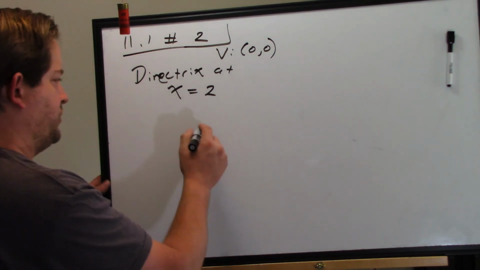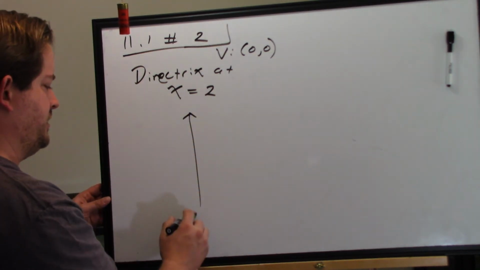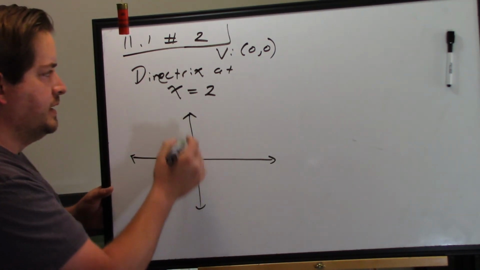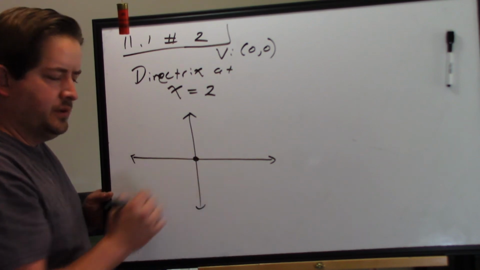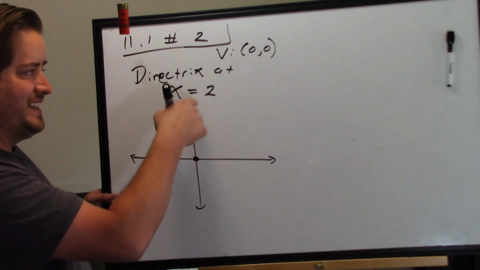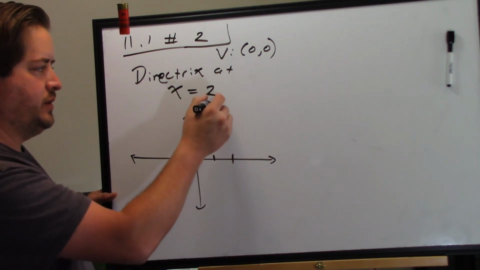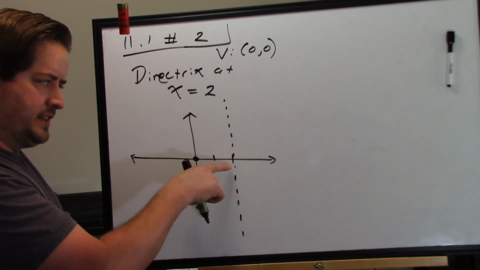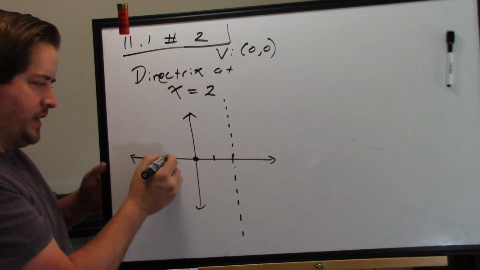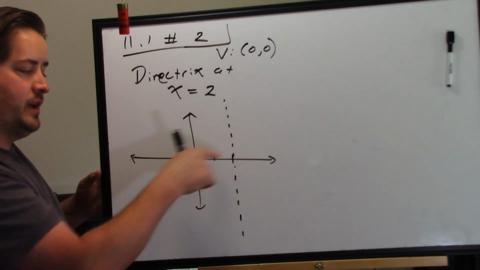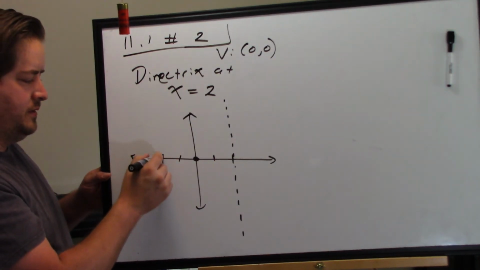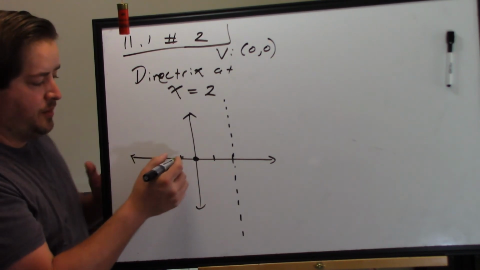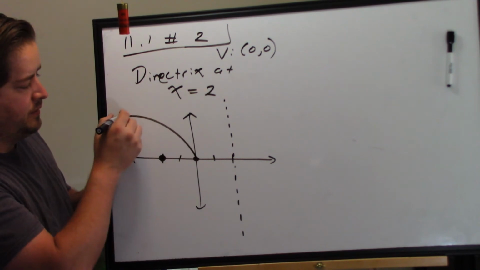Looking at what's going on here, the directrix is just on the other side of the parabola. So I have my vertex here at 0, 0. I have a directrix at x equals 2, that's over here. And if x equals 2 is a directrix, then if that's 2 to the right, my focus is 2 to the left. And I have my parabola, it's facing to the left.